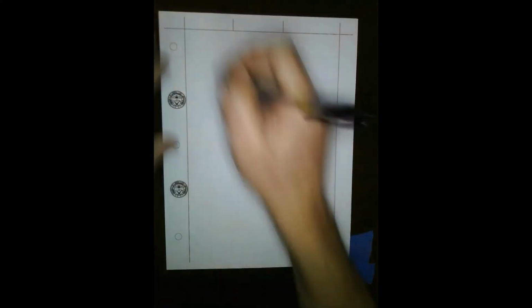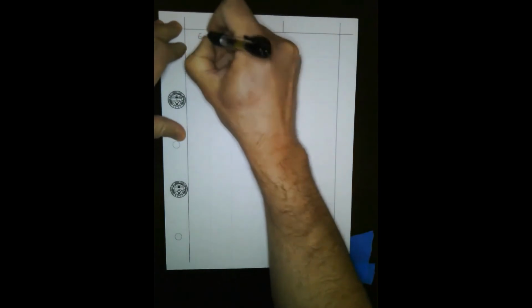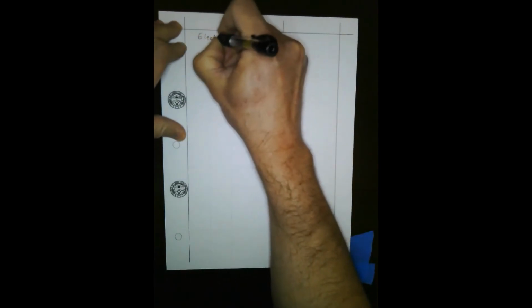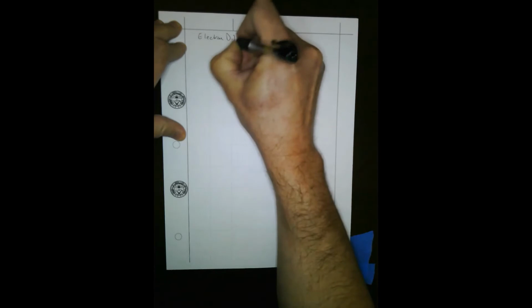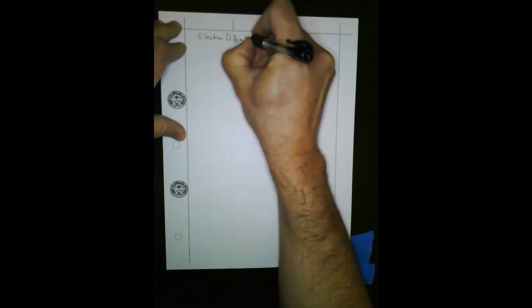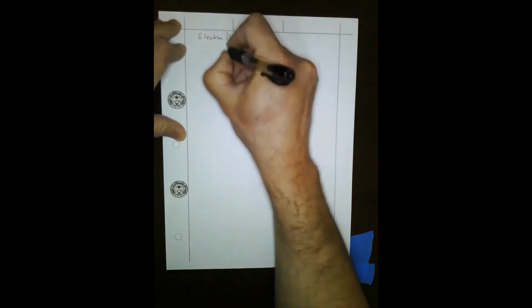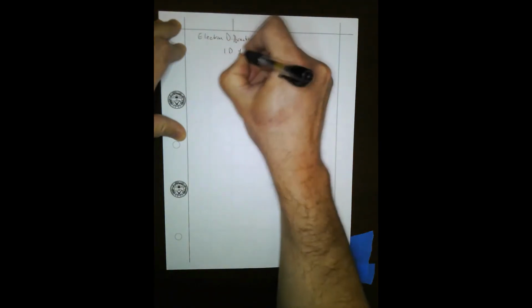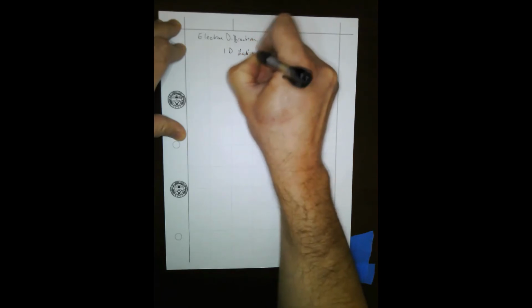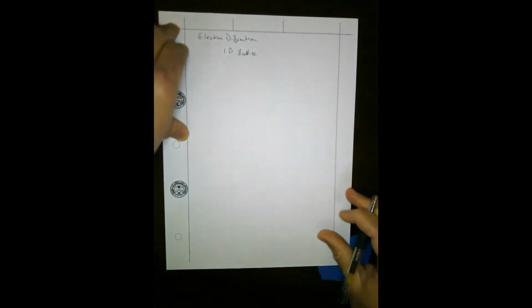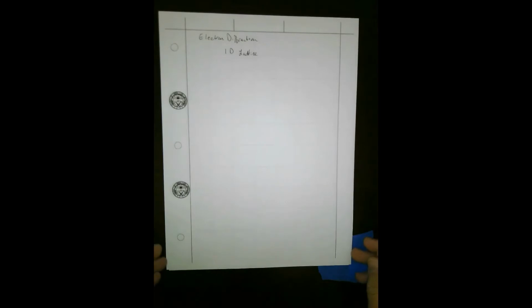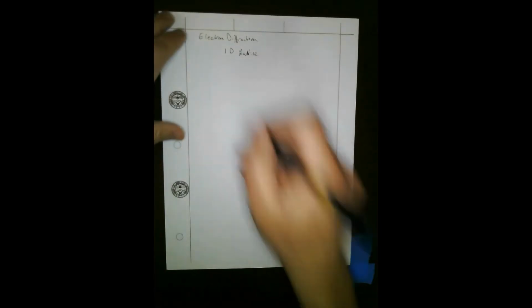Alrighty, so we're going to talk a little bit about electron diffraction. Hopefully you can read my writing. We're going to look at a one-dimensional lattice, a little bit different than lattice structures we've perhaps seen before, but this is just to explain the concept.